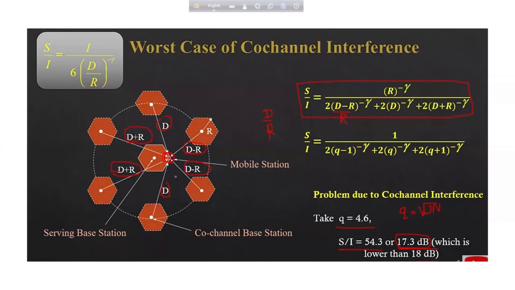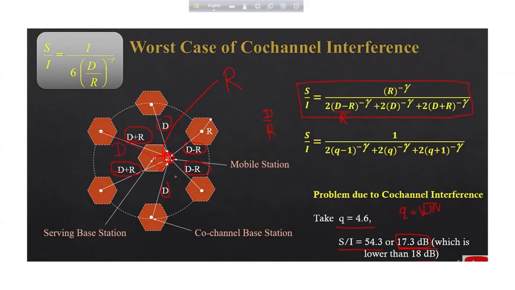So just pay attention that here the distance between this mobile station and this point. Now, see, the distance between this center and this point is r. So this is actually capital R. The distance from this point to this point is capital D. Okay.